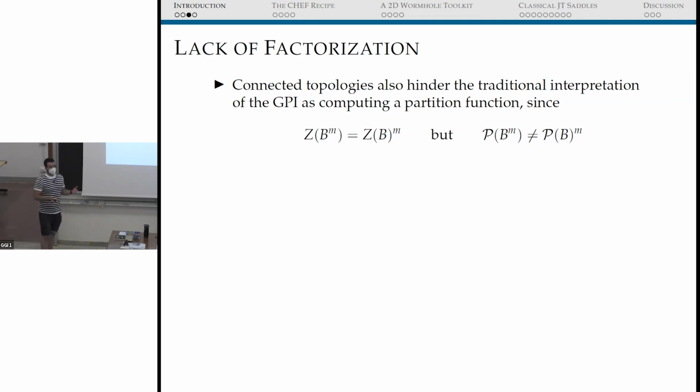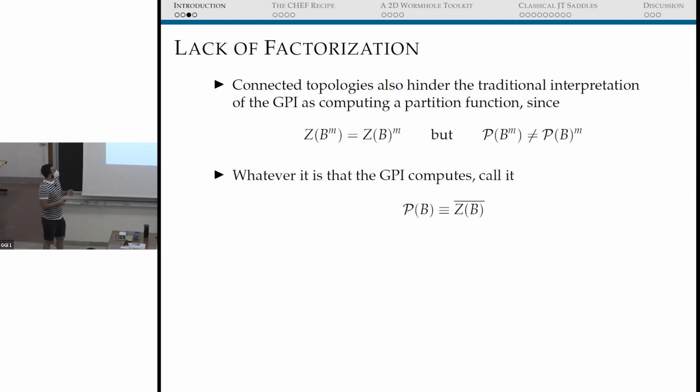If we just have a bunch of copies of a boundary theory, there's no way for them to talk to each other. But again, the gravitational path integral, if we had those boundary conditions, would like to connect them somehow in the bulk. And this would lead to a lack of factorization. This is the behavior we expect from a purely field theory perspective. This is the behavior we seem to be getting from a gravitational path integral.